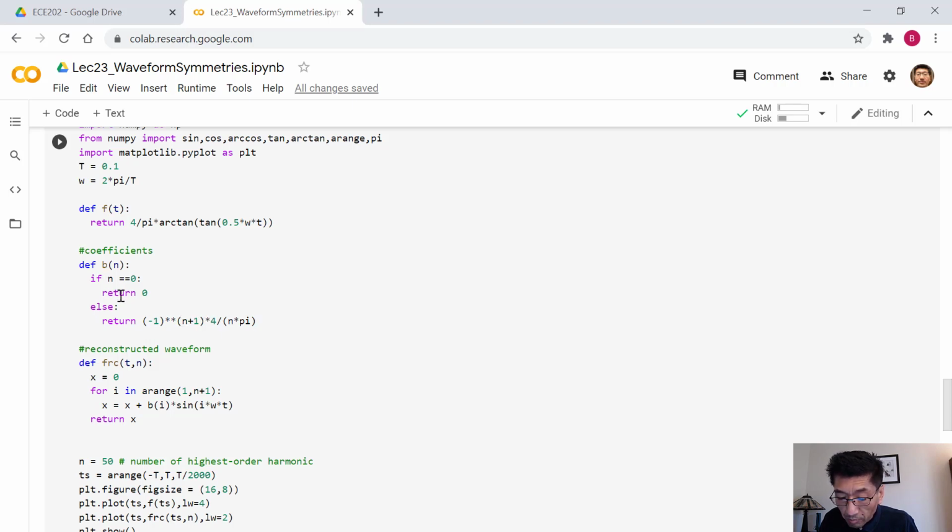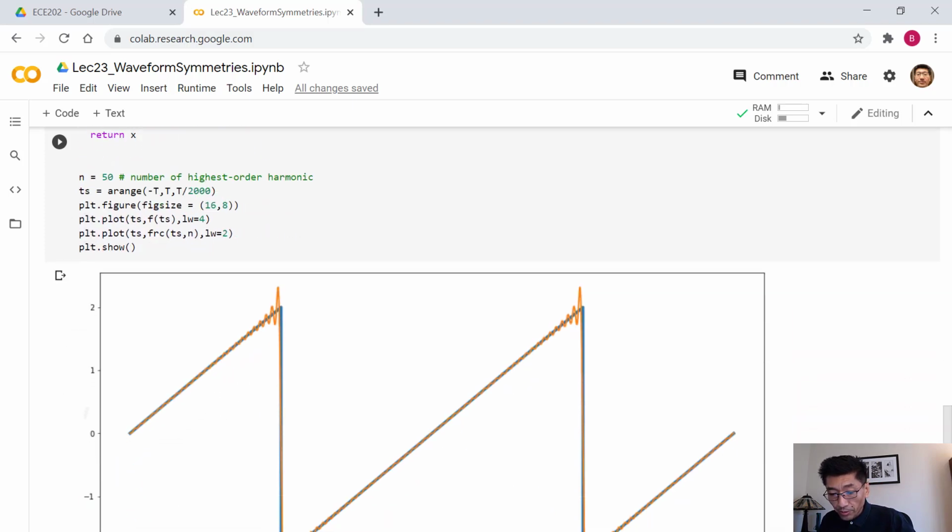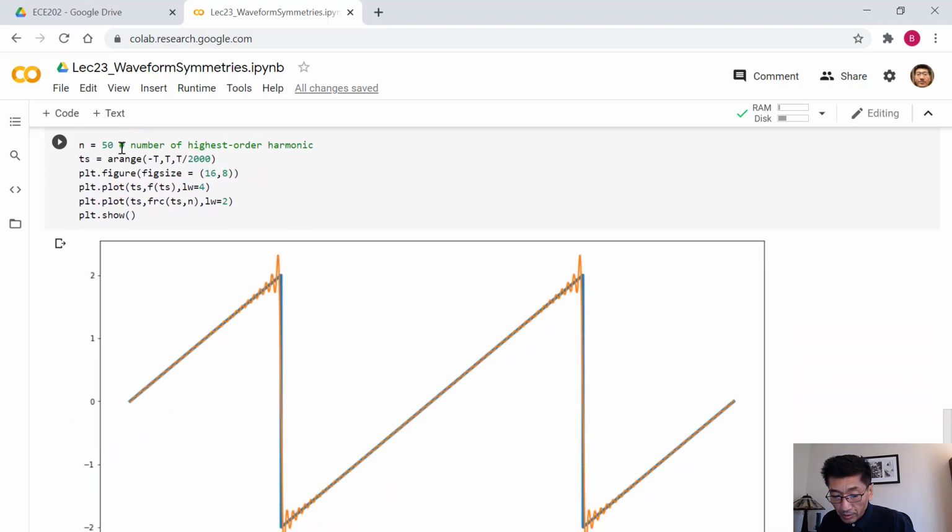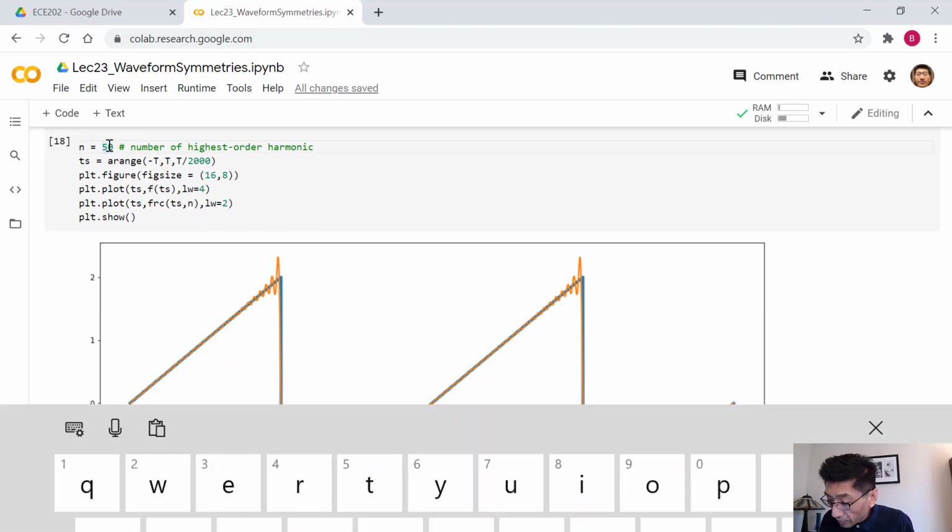That's the Bn function we're going to use. And this is a reconstructed waveform, that's the sum from 1 of Bn times sine n omega t. Now I define the omega, the w here is 2 pi over T, and this is the waveform we approximated using the harmonics.